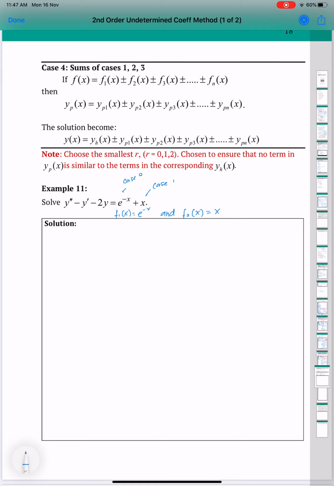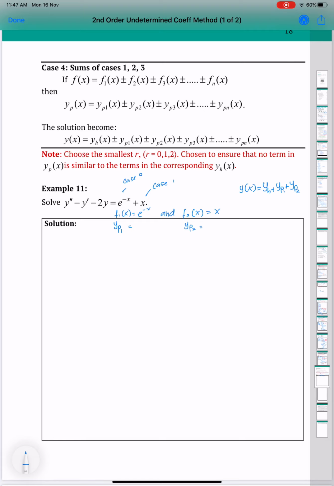So what you have to do is find yp1 from f1 and yp2 from f2. And your y(x) is equal to yh plus yp1 plus yp2. If you have a summation of more than 2 f, you have yh plus yp1 plus yp2 plus yp3 up to ypm. Alright, so let's try to do this example.